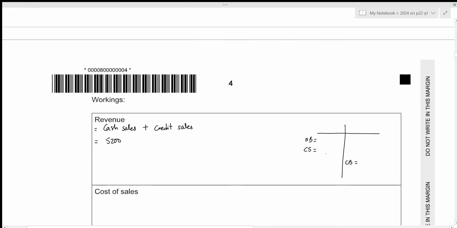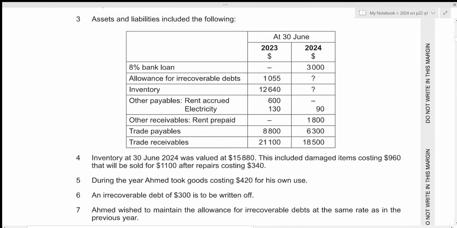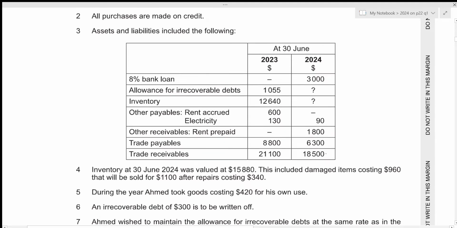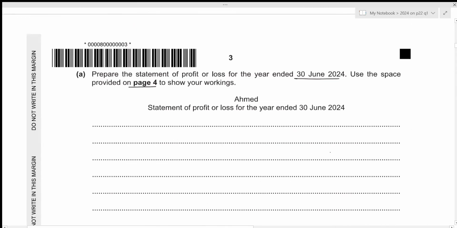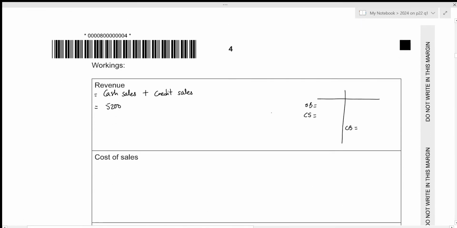So let us look for these values first. We are looking for the opening balance of trade receivables and the closing balance of trade receivables, which has been given right here. This is our opening date, this is the closing date. So the opening balance is 21,100 and the closing balance is 18,500. Let's write it down. So we have 21,100 and 18,500.